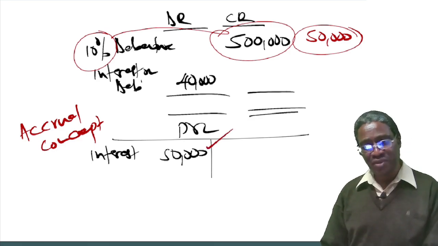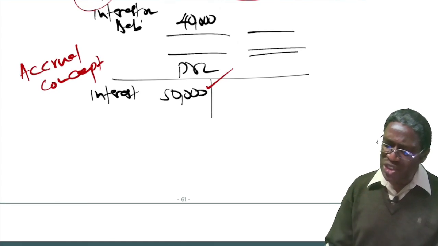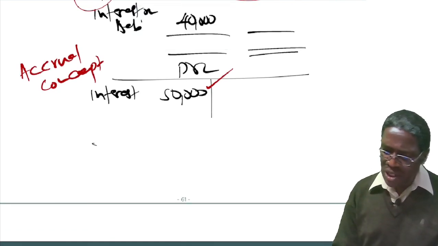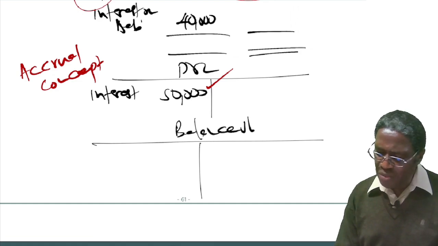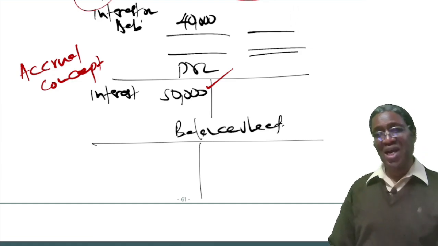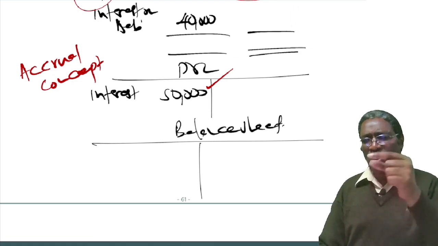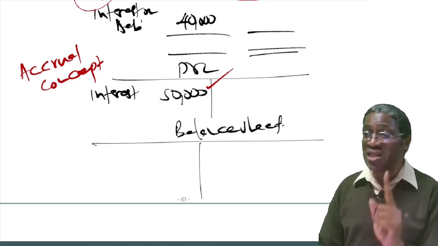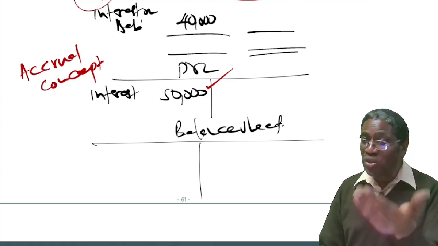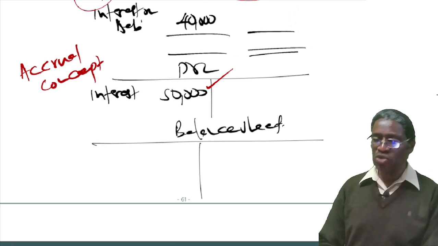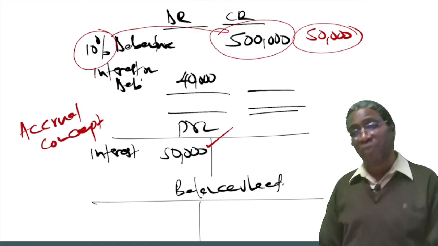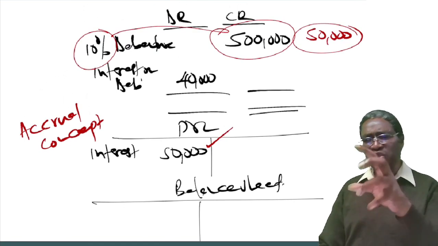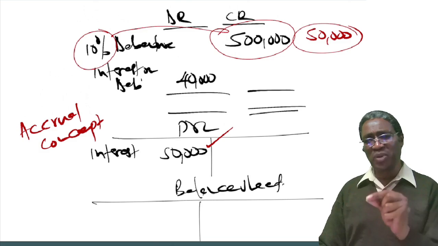50,000. Listen, when you will be preparing the balance sheet of this company, that's when you normally ask yourself, as a company, do we owe the debenture holders anything for interest? So you go back to the trial balance and realize, we were supposed to pay them 50,000, but we have only paid them 40,000.